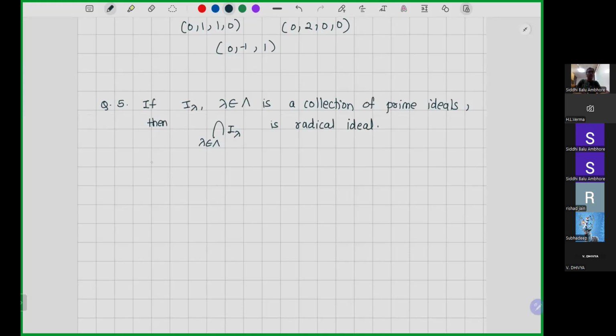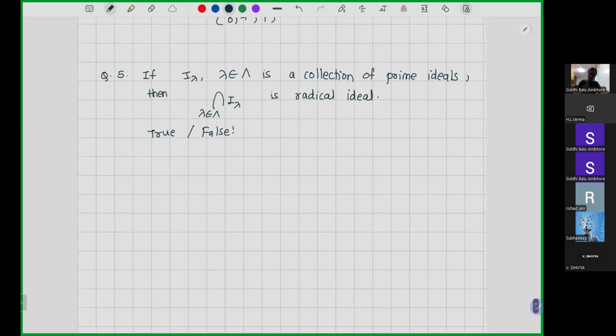So we have to check whether this is true or not, or indeed we have to prove this. So what are your guesses, is it true or not? If not, then give me a counterexample, or if it is true, then we have to prove this. Any guesses whether we should try to prove this, or do you have any counterexample?